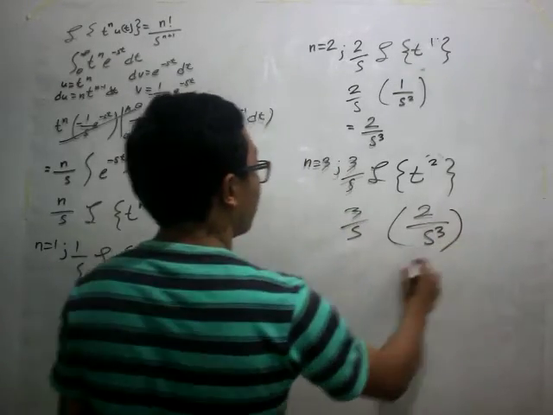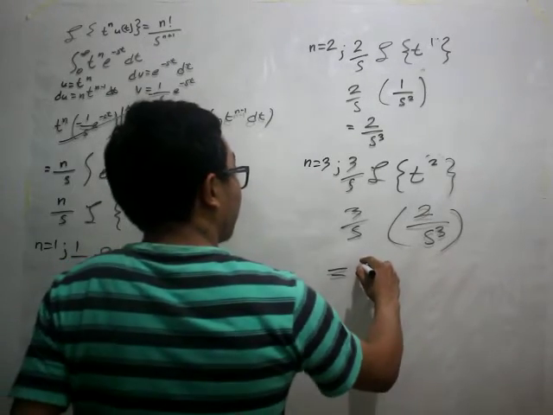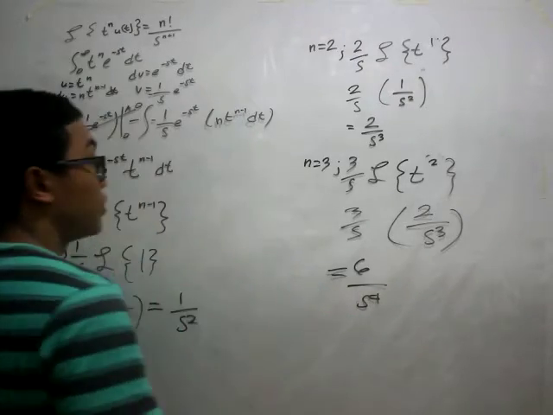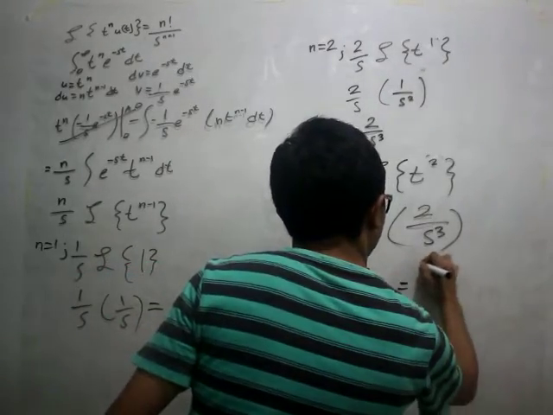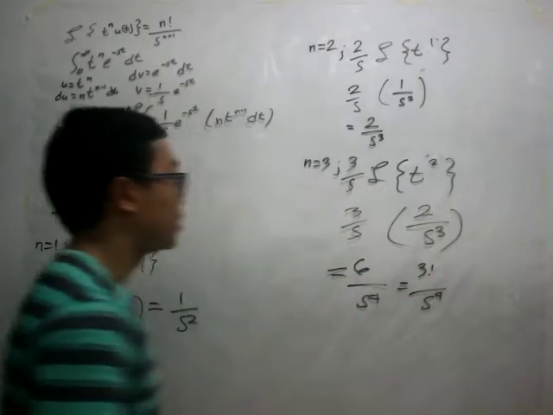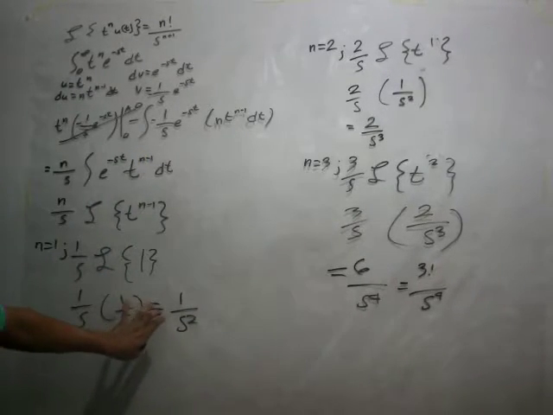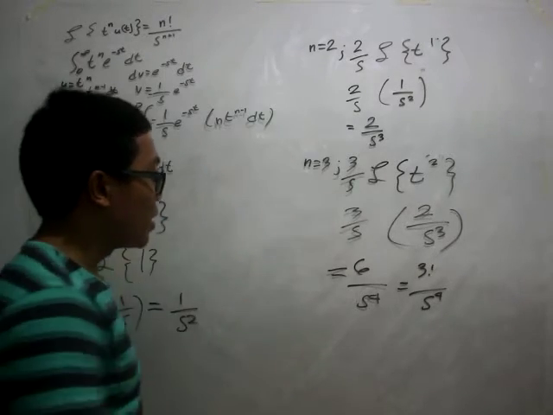So, multiplied, when n is equal to 3, we have 6 over s to the fourth, or 3 factorial over s to the fourth.